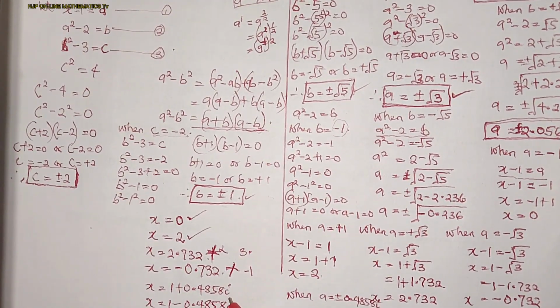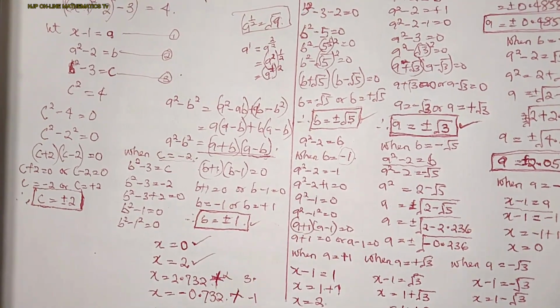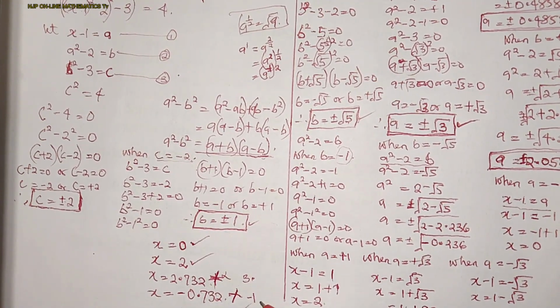So let's continue. Since these have irrational values, let's take that x is this.